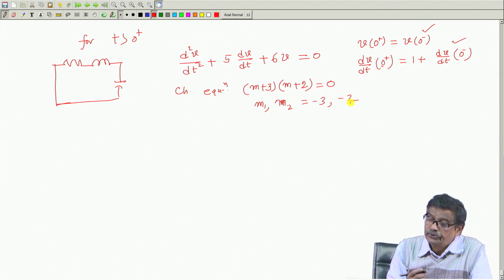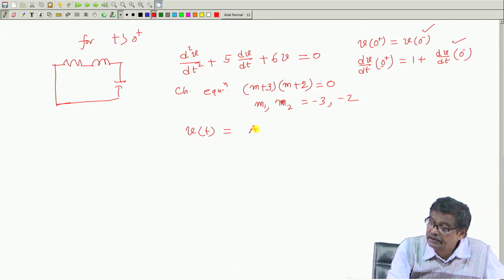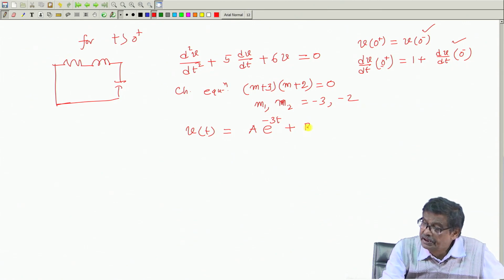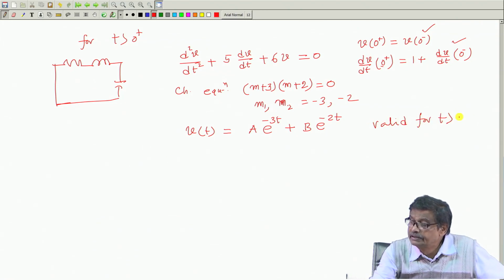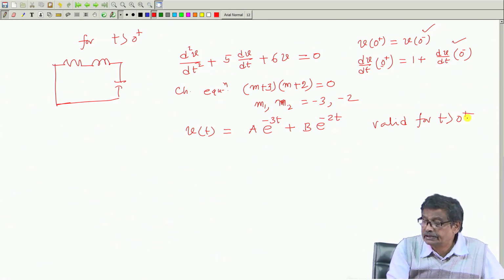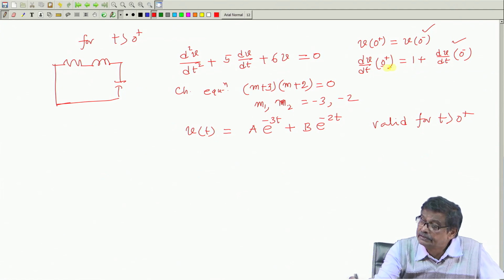So V(t) you can write as A e to the power minus 3t plus B e to the power minus 2t. This equation is valid for t greater than 0 plus, with no excitation.